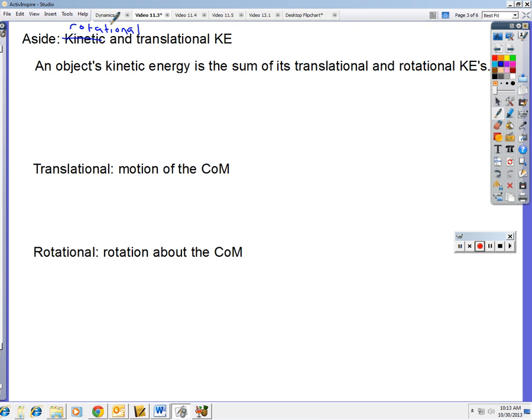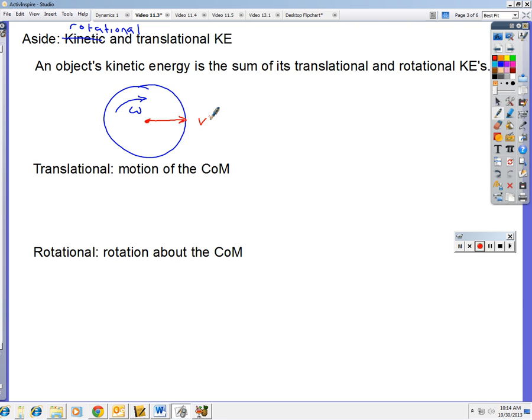So let's imagine a wheel. That's your typical example. And it's rolling, so it's rotating about its center of mass with speed omega, and it's also moving with speed v, the speed of the center of mass.